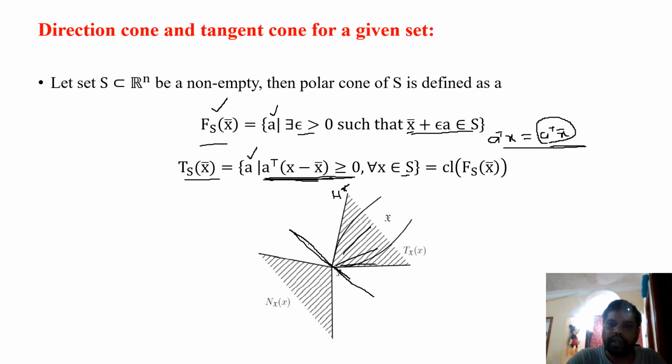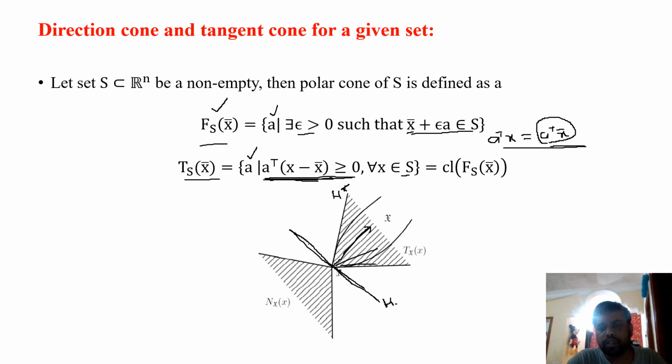What is the normal direction of this one? This is the normal direction. With respect to this normal direction, if you define a supporting hyperplane, remember, I'm not saying the general word separating, I'm saying supporting hyperplane. So if you define this supporting hyperplane, it supports the set at the boundary point x bar.